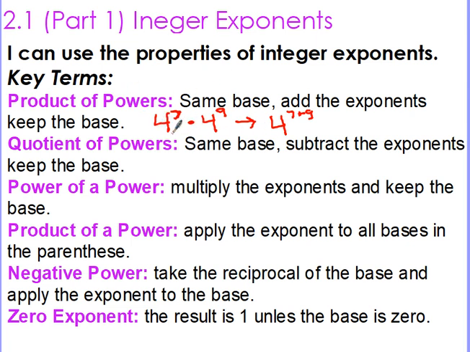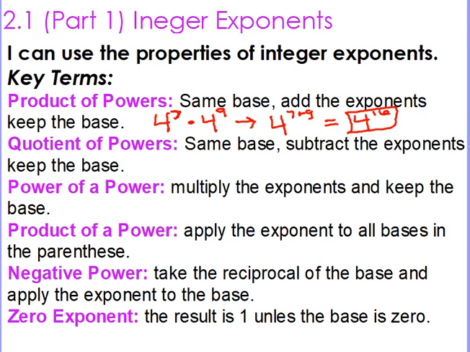So I'm multiplying two numbers with exponents that have the same base, so I add those exponents, because I'm multiplying 4 by itself 7 times and 4 by itself 9 times. So really I'm multiplying 4 by itself 16 times. And I just leave it like that because I don't expect you to figure this out, and we're not using calculators. So 4 to the 7th times 4 to the 9th is 4 to the 16th. That would be an example of product of powers.